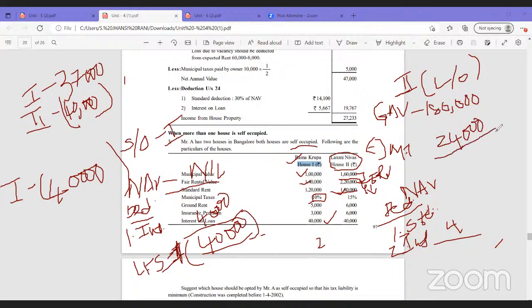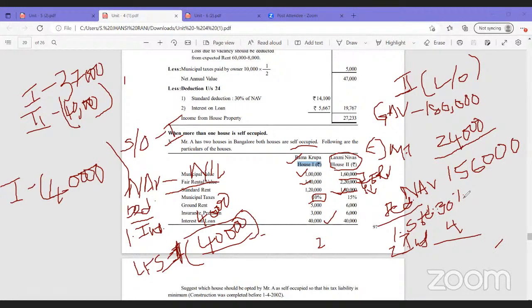If you deduct this from gross annual value, we get net annual value as 1,56,000. This is called net annual value. Next, we have deductions. Under deduction, the first one is standard deduction. That is 1,56,000 into 30%.